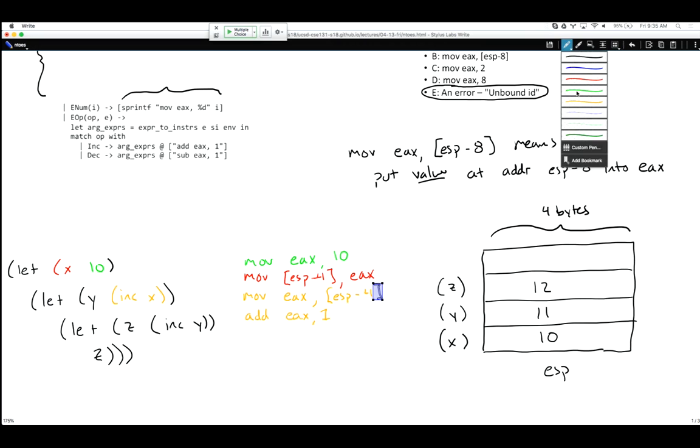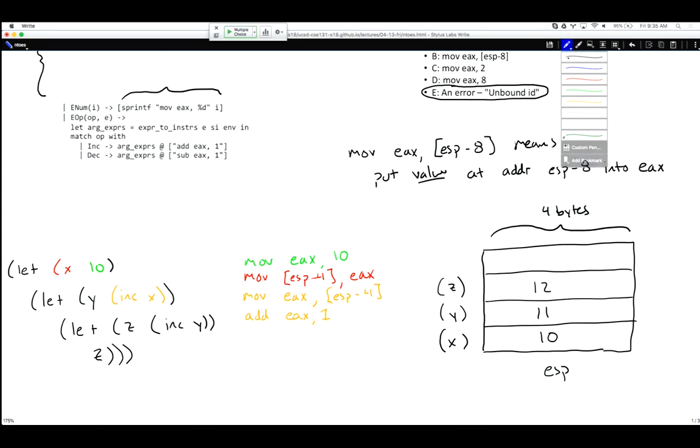The first instruction, from what we said before, is coming from looking up the value of x, right? This means look up the value of x. And then this, we know from what we saw on Wednesday, is coming from the increment expression. So the two instructions here are generated by asking, how do we get the value of x into EAX, and then how do we increment it?